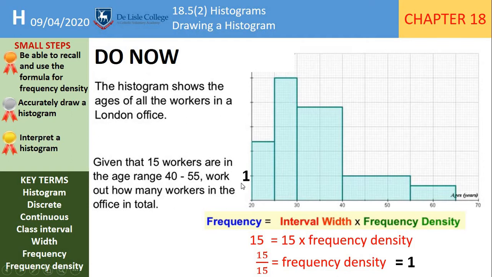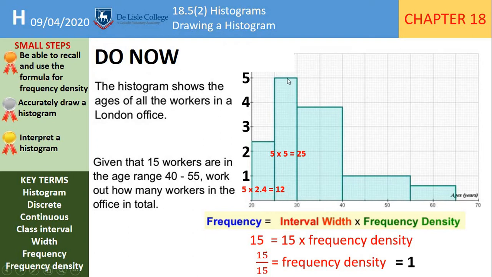So if we know one of these big squares is worth 1 and it's 10 little squares in between, so each of the big squares going up are worth 1. So we can now work out the frequencies, the areas of the remaining bars. So for the first one, we've got a width of 5 multiplied by 2.4 to give us a frequency of 12.